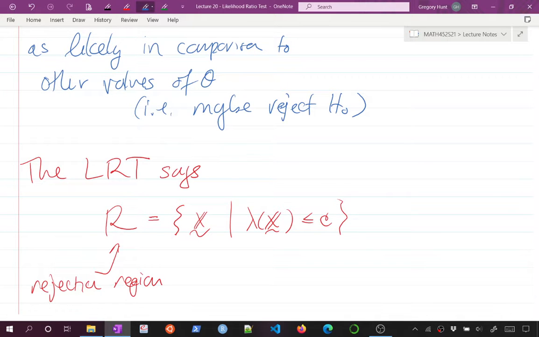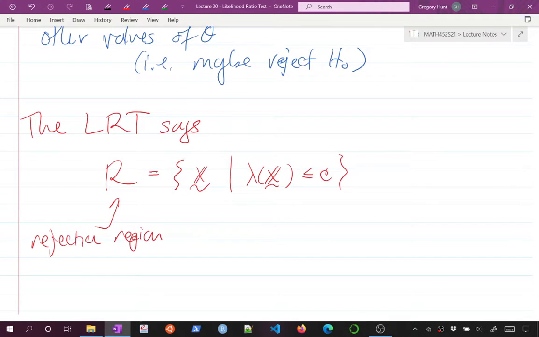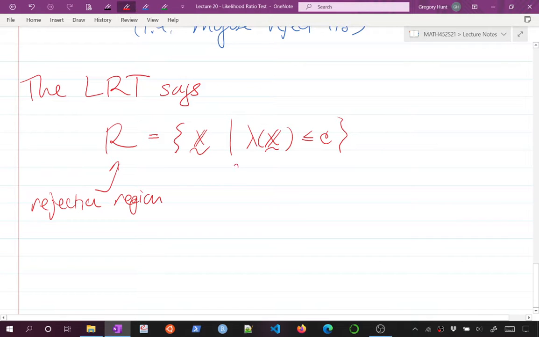So we pick some threshold constant C, and if my lambda is smaller than C, I'm going to say the null hypothesis is not that likely, and I'm going to reject the null.